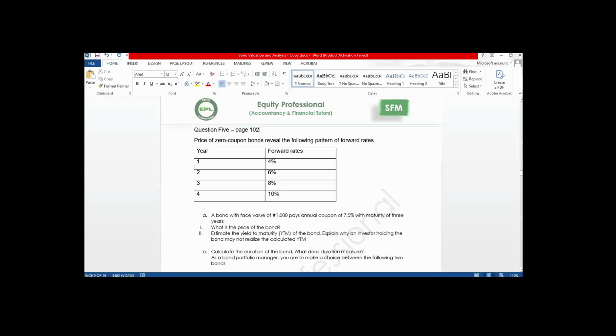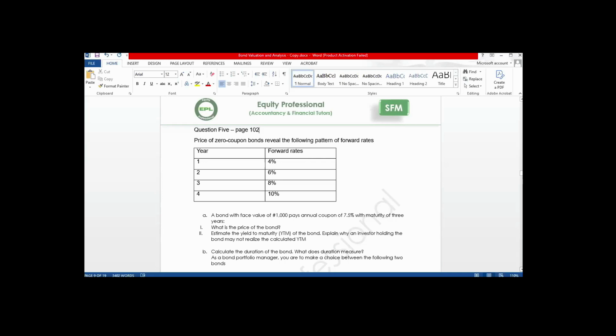Recall, the face value of a bond could either be 100 naira or 1,000. The examiner says a bond with a face value of 1,000 naira pays annual coupon of 7.5 with maturity of 3 years. Requirement A1: what is the price of this bond?